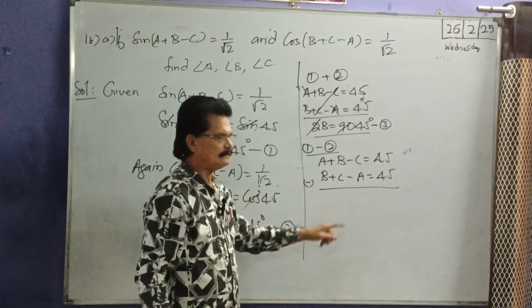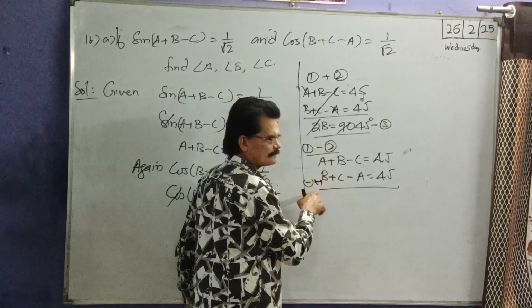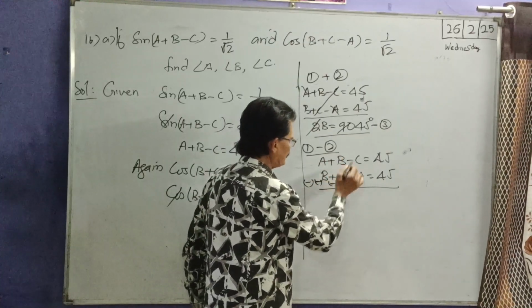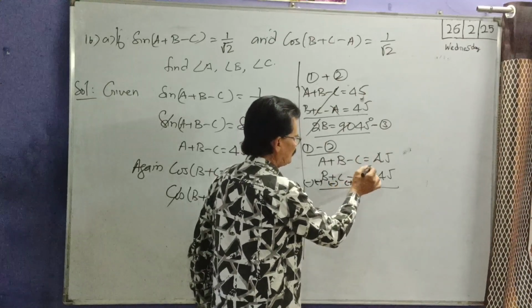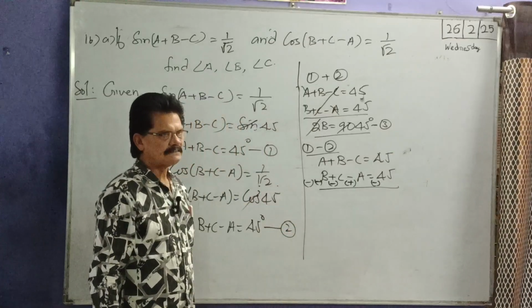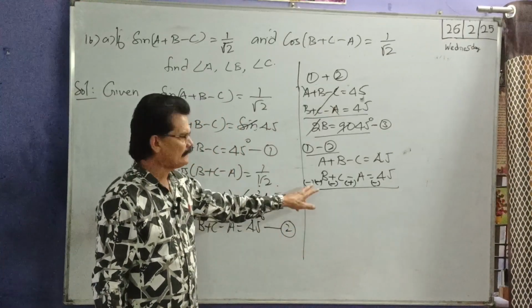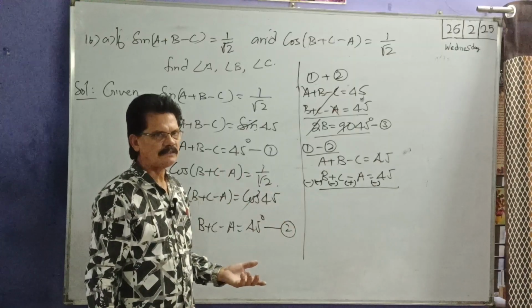So plus B becomes minus B, plus C becomes minus C, plus A becomes minus A becomes plus A, and plus 45 becomes minus 45. Why do the signs change? Because we are subtracting.